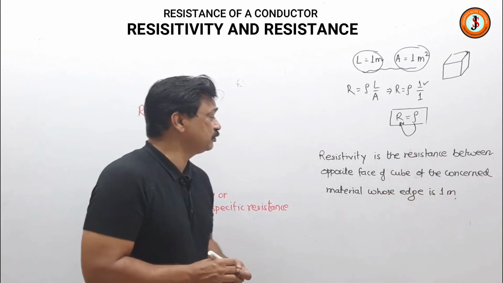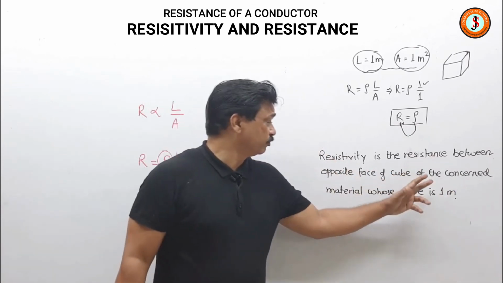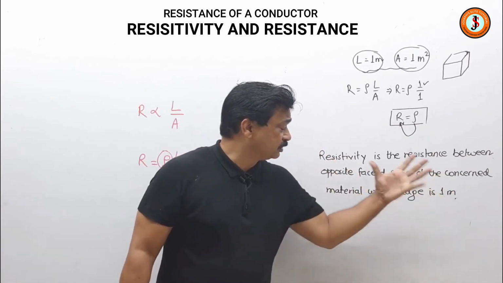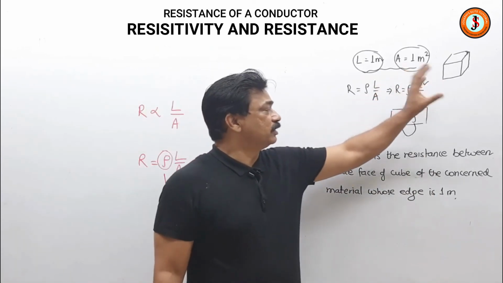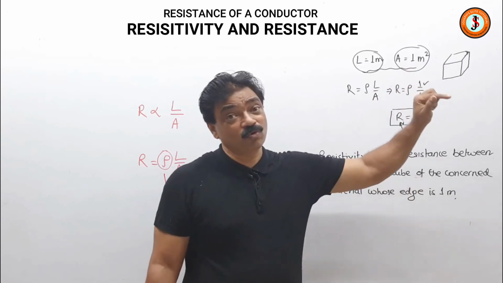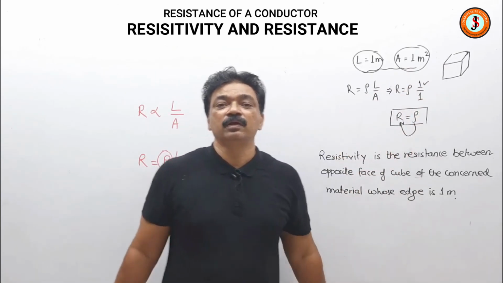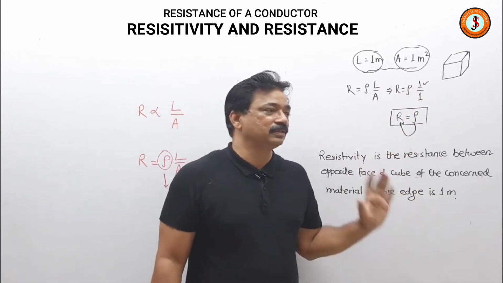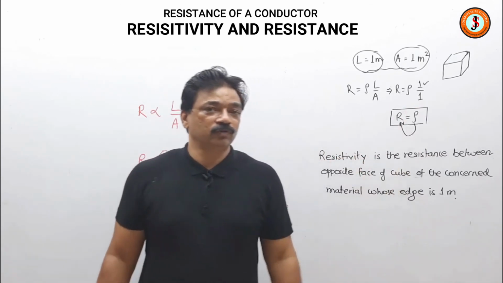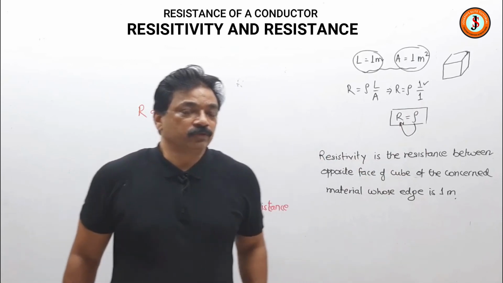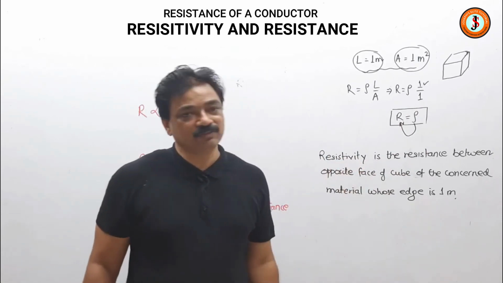That means for gold, it is the resistance between opposite faces of a gold cube whose edge is 1 meter, so its length, breadth and height are 1 meter each. So that is what is resistivity.